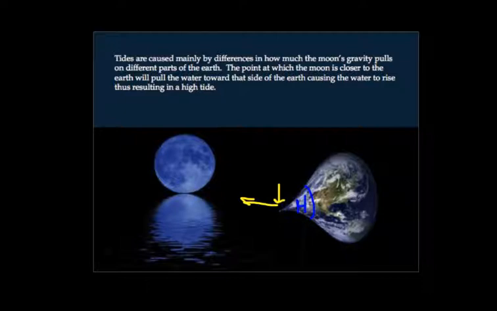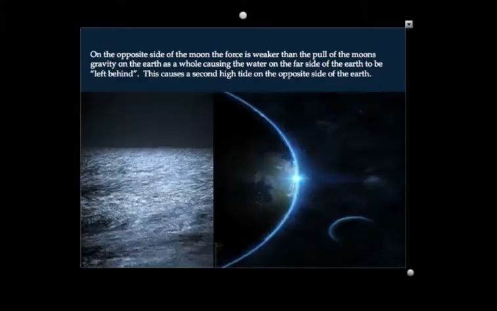Now, the reason that's important to understand is because if we look at the opposite side from the moon, the force is weaker, obviously, on the side away from the moon than it is on the same side as the moon. But that's going to also cause a high tide on the other side. So basically we're looking at high tides on opposite sides of the Earth. So let's go back one slide and take a look.